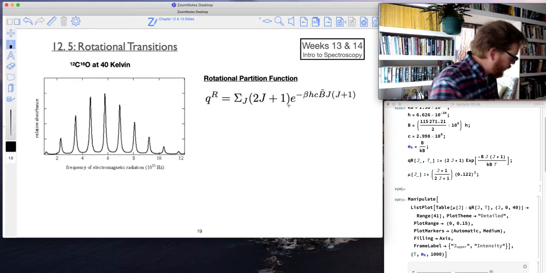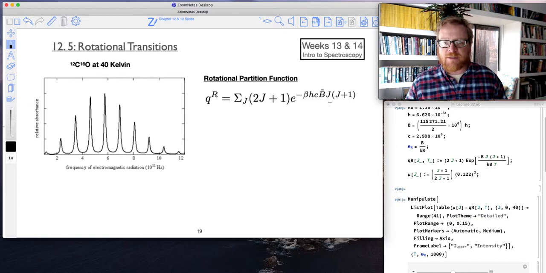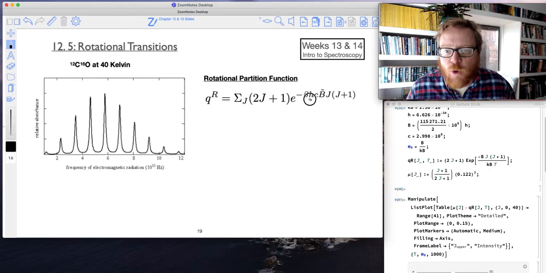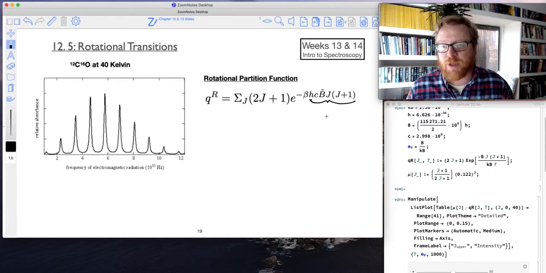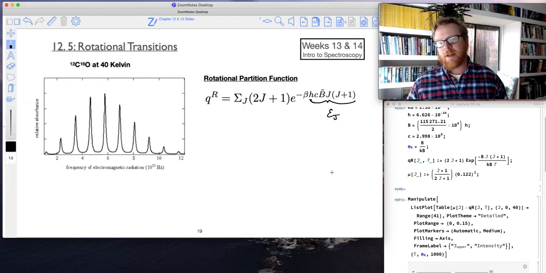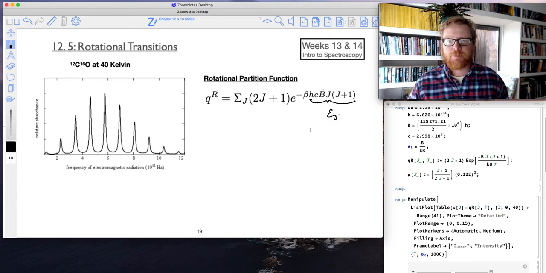And just to make sure that we're clear on what all this stuff means, this whole chunk right here, hc times B tilde times J(J+1), all of that is given as this lowercase E_J, the energy of a given rotational level, depending on what the value of J is. And we remember that beta is 1 divided by k_Boltzmann T.